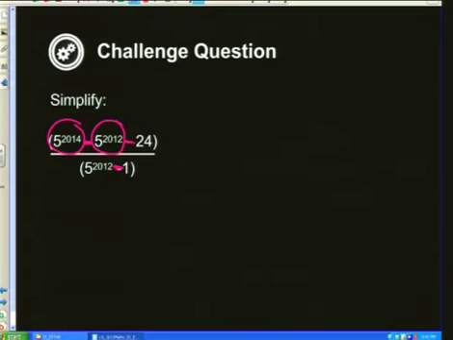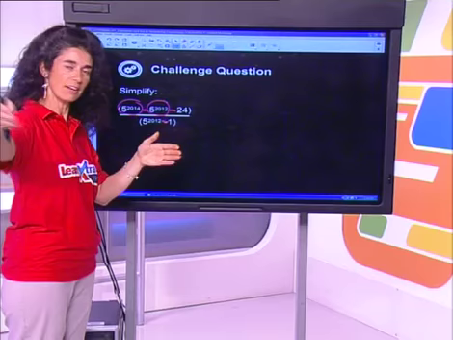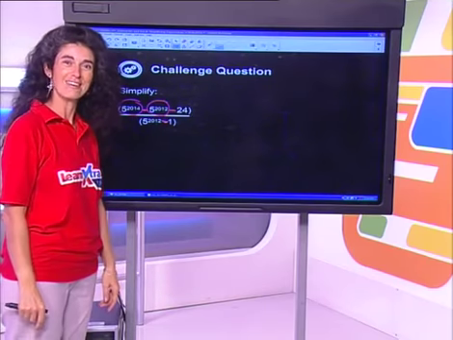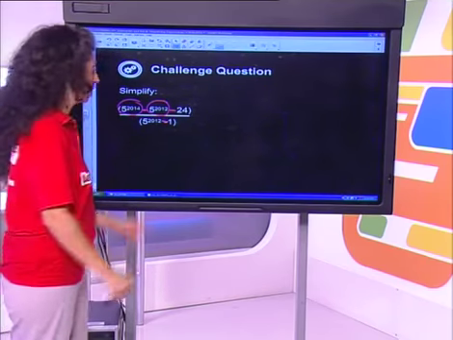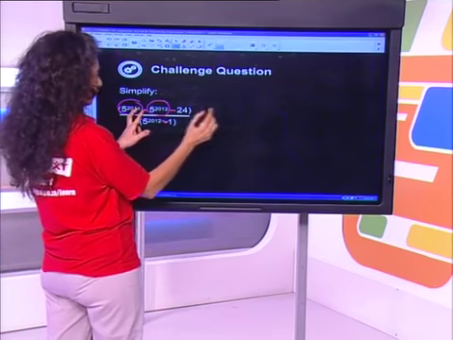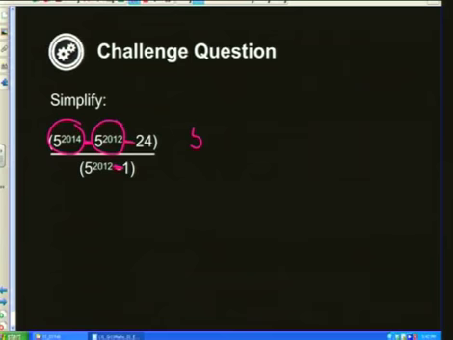What do you notice about those two terms? That is, there are 2012 factors of 5. This one's also got 2012 factors of 5. So if we had to factorize those two pink terms, we would get 5 to the power of 2012 as my common factor. How many factors are left in 2014?